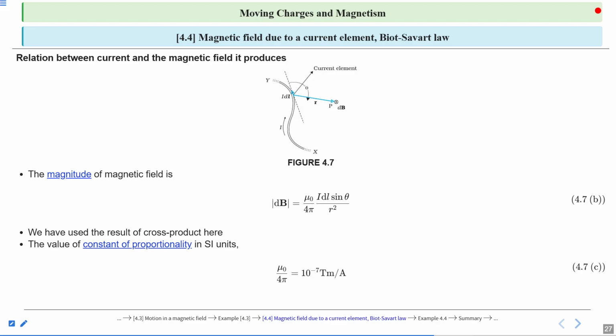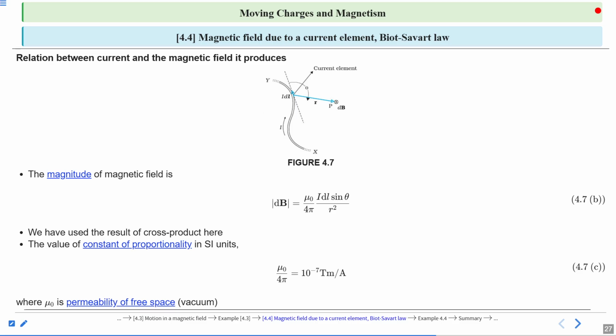So the unit of dB is Tesla, r square is meter square, upon ampere meter, and one meter cancels out from meter square, so it becomes Tesla meter per ampere. So mu naught upon 4 pi is equal to 10⁻⁷ Tesla meter per ampere, and mark it as equation 4.7c, where mu naught is the permeability of free space.